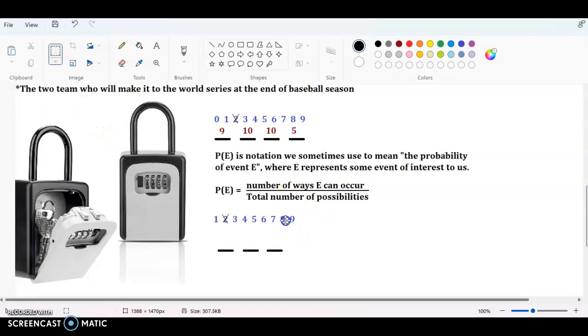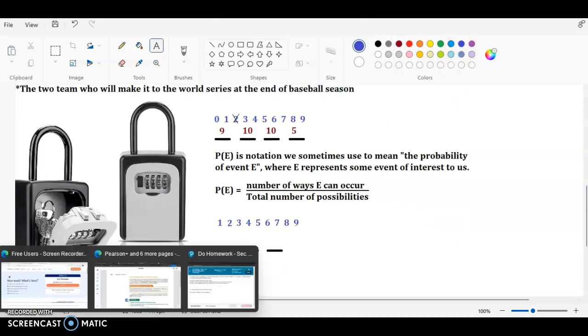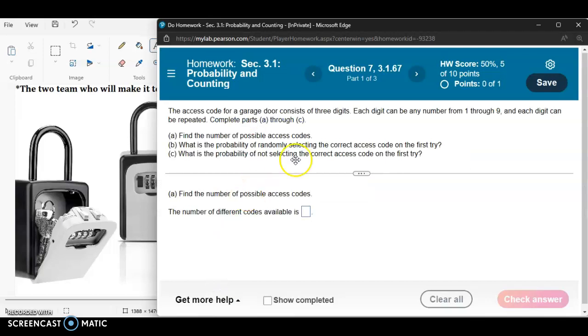And there doesn't seem to be any restrictions on the digits that we can use for this access code. So I'm going to go ahead and put 2 back in here as one of the possible digits. So once again, each digit can be any number 1 through 9, and each digit can be repeated.